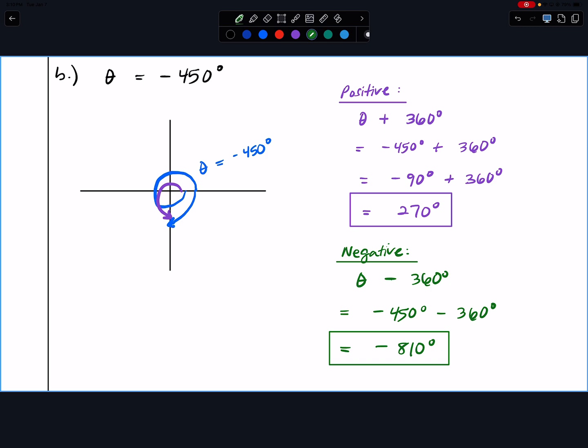How many rotations do I have to go at least? 2. And then how many more degrees? 90. Very good. So it's going to be negative 360, and then negative 720, and then negative 90 more. So if you're just looking at that and not knowing what's happening, that looks horrible.